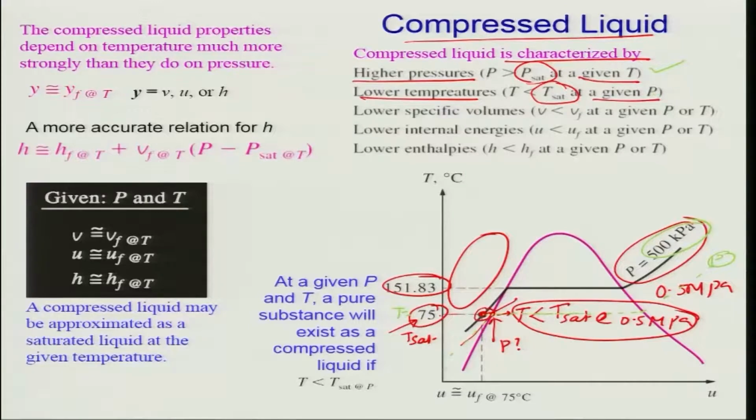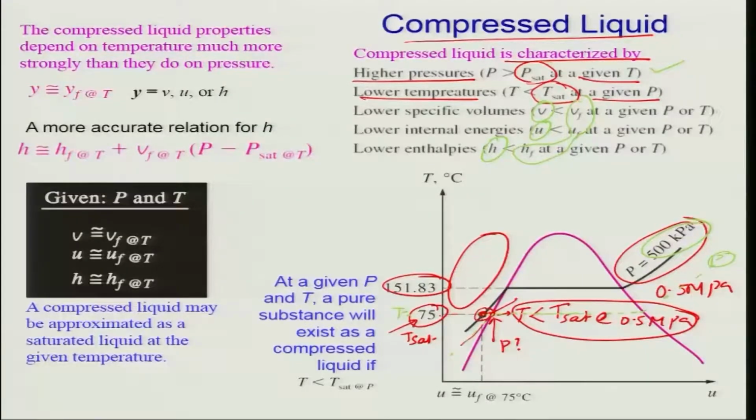Okay. The other important thing, which is much easier to understand, is that all other properties, whether it's specific volume, specific energy or enthalpy, are going to be less than the saturated liquid properties, because the compressed liquid is on the left side of the saturated liquid line.